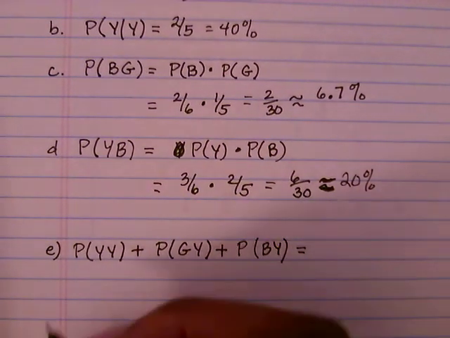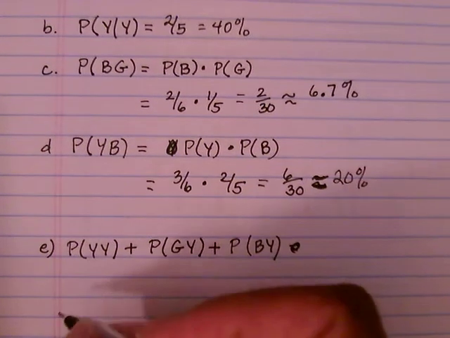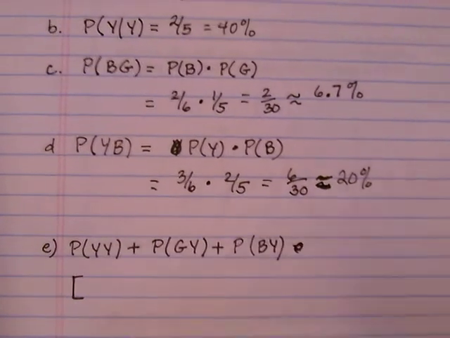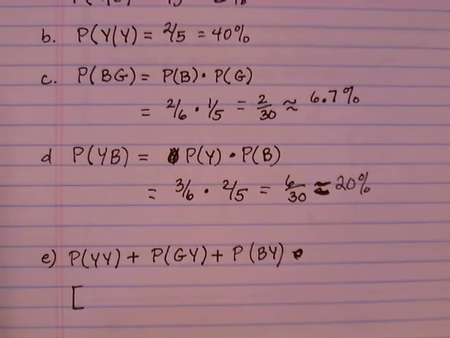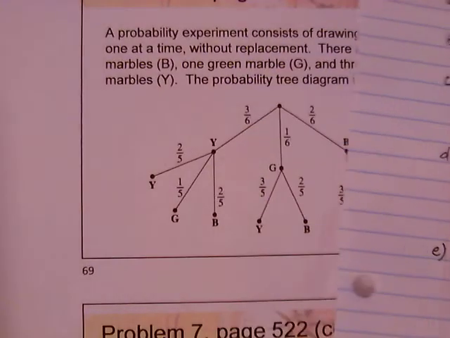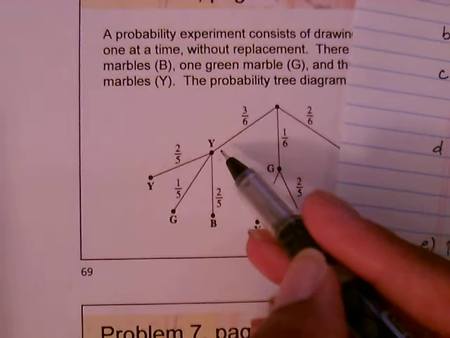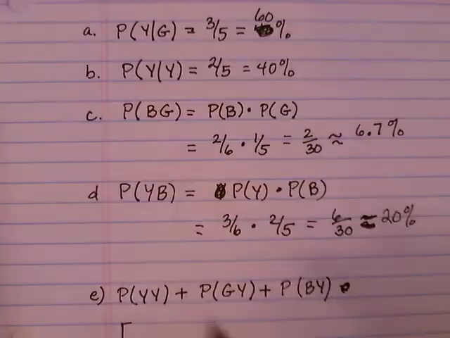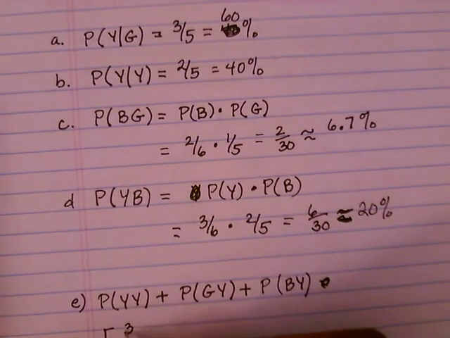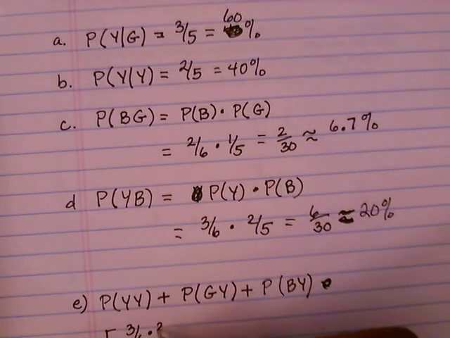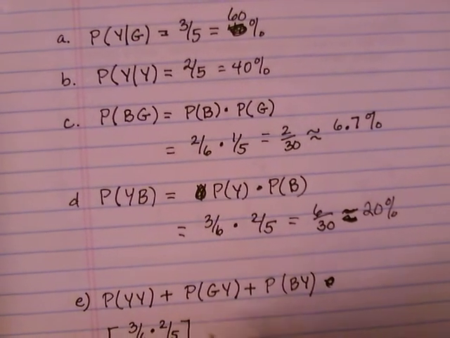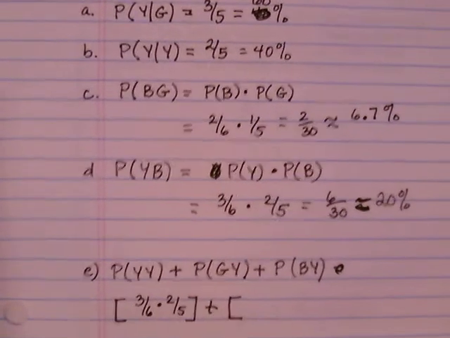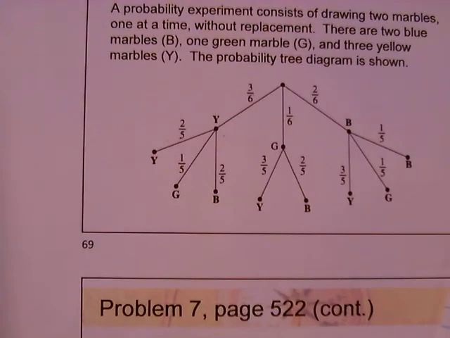Okay. In this case, the probability of getting a yellow and a yellow marble, we have to multiply those probabilities here. A yellow and a yellow. That's 3/6 times 2/5. Plus the probability of getting a green and a yellow marble. Here's a green and a yellow.